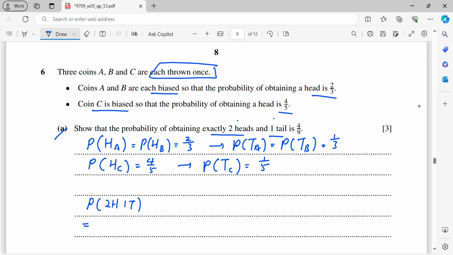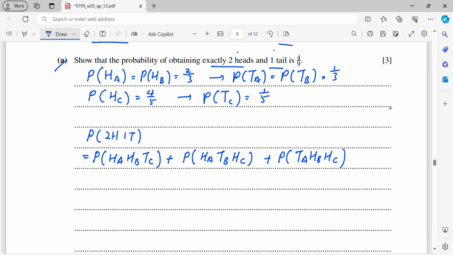So this is the same as P(HA, HB, TC), that means the tail is from C. Or it can be HA, TB, and then HC. Or P(TA, HB, and then HC). Okay, all the coins are independent of each other, so just multiply.